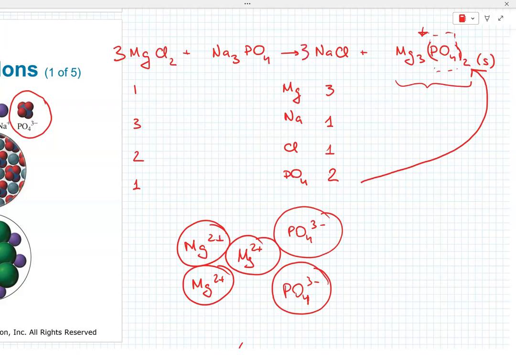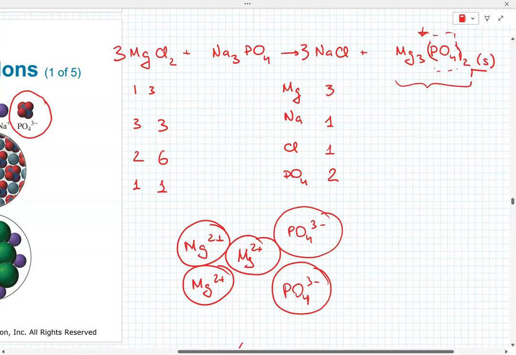Now, the problem is that we have 3, 6, 3, 1 on the left after the first round, and on the right we still have 3, 3, 3, 2. I'm going to pause and ask if it makes sense for you. I just don't want it to be like, oh, he writes it, therefore it is correct. Okay, so we still have a different number of phosphates, still not balanced.